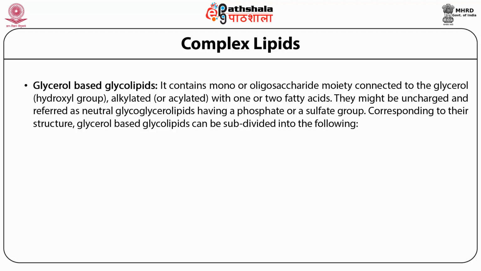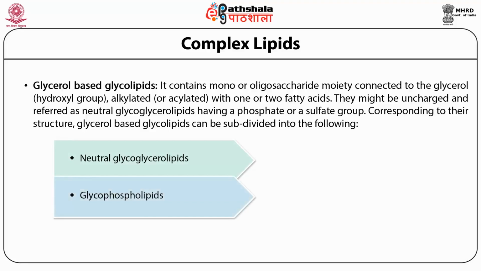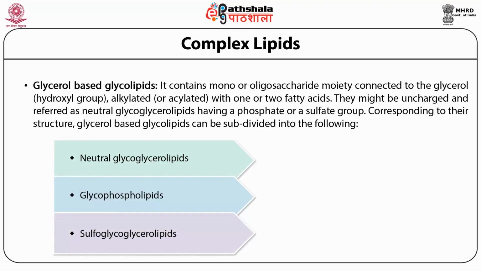Corresponding to their structure, glycerol-based glycolipids can further be subdivided into the following: neutral glycoglycerolipids, glycophospholipids, glycosulfoglycerolipids. Another type of the lipids are neutral glycoglycerolipids.